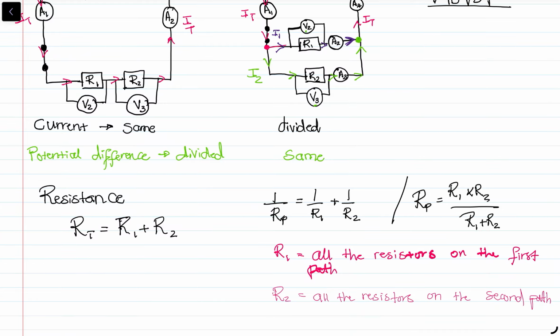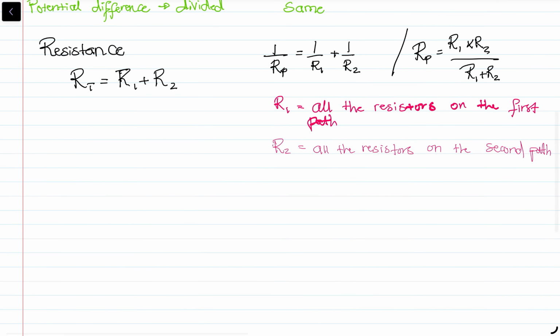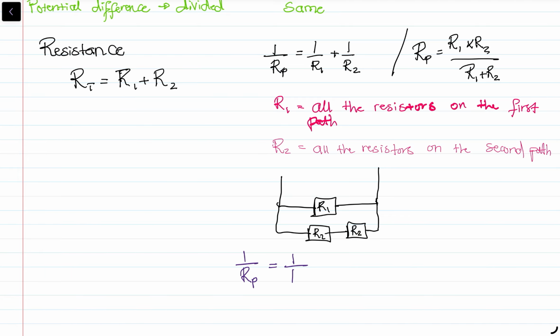What do I mean by that? Okay, so I'm going to draw one where you have, for example, one resistor on the first path, and then on path number 2, you have 2 resistors connected like that. So this is R1, R2, and R3. When you write your formula, it is 1 over R parallel equals 1 over R1 plus 1 over R2.